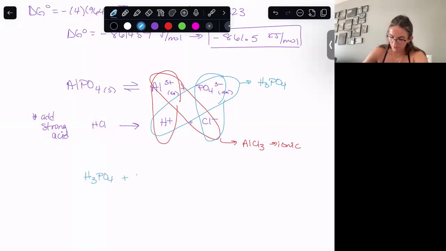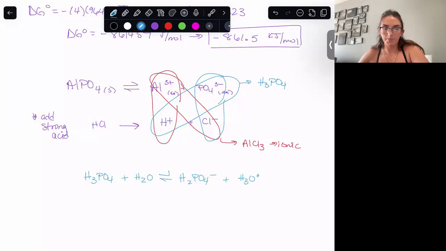H3PO4 with water will now dissociate into H2PO4 minus and H3O plus. Do we agree that that's what's going to happen? Do we see why that's going to happen?